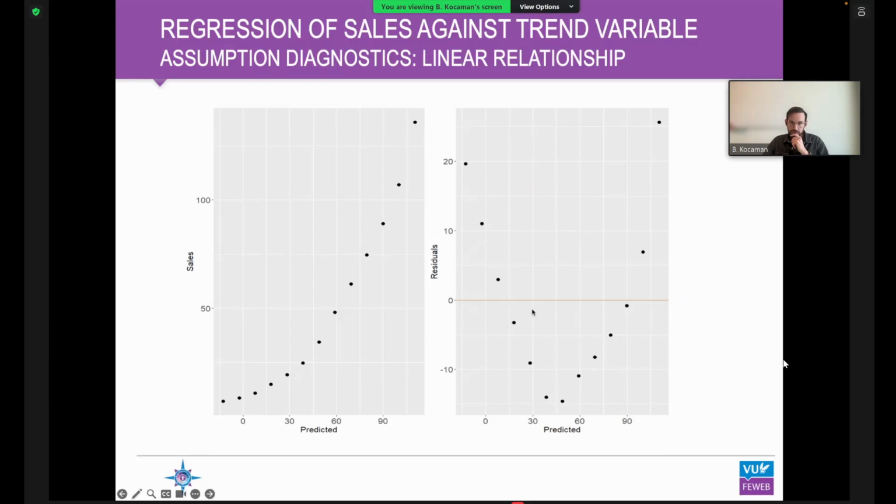So this is the 0 line, where we want residuals to be aligned and straight if we have a linear relationship. And here you can see that at first the residuals are very high, then they go close to 0, then they increase on the negative side, then they go back to 0. So around here our prediction error is quite low, but then it increases again.